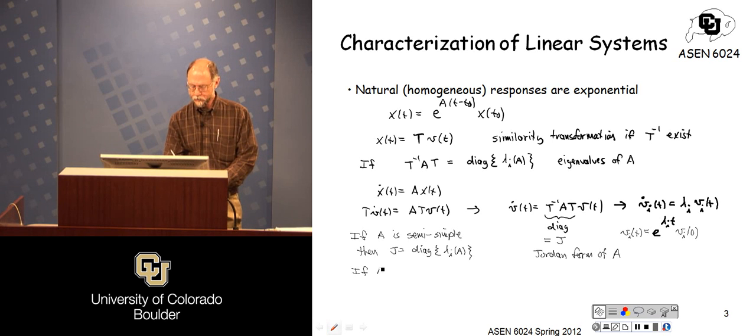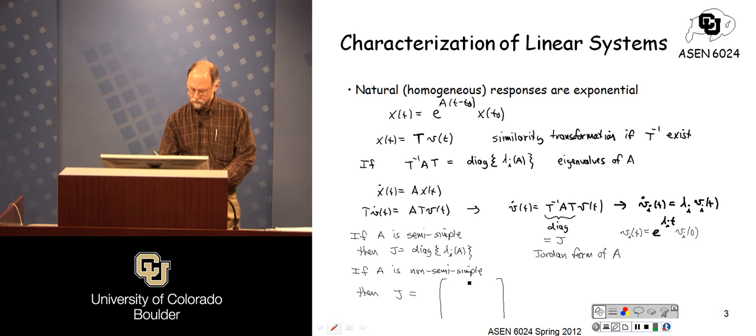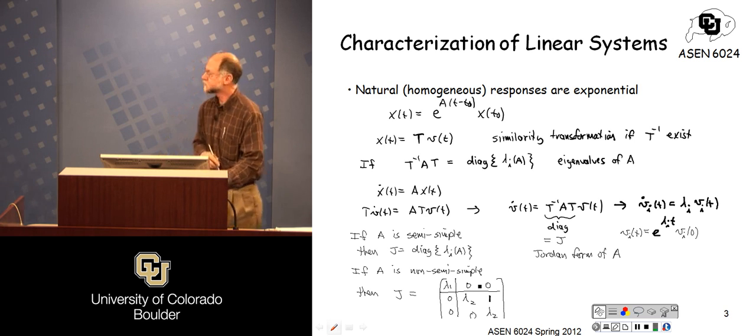If A is not semi-simple, then the Jordan form, I'll just do an example here of it. It's kind of tedious to write down the general form of it, but it would look something like this, say. If I had repeated eigenvalues lambda 2, I would get like a super 1 here instead of a diagonal matrix.